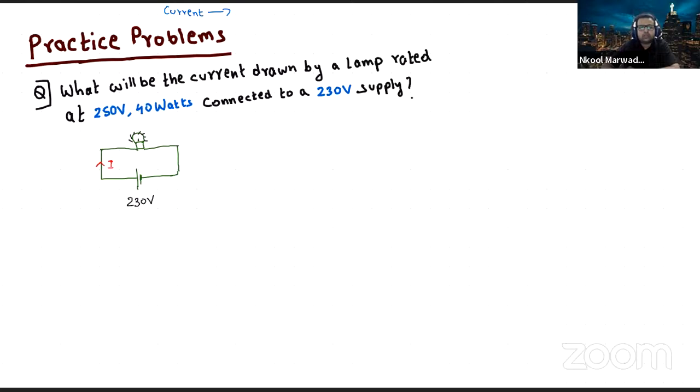So here in this question, the rated power is given, the power rating of the bulb. The rated power is 40 watts. I can just write W also, it's understood.